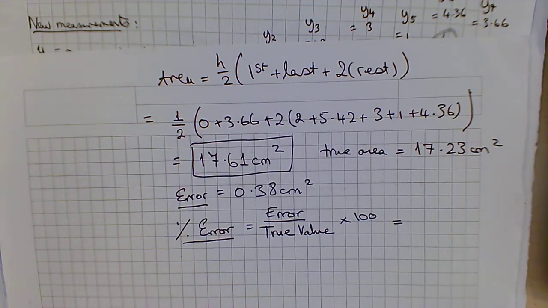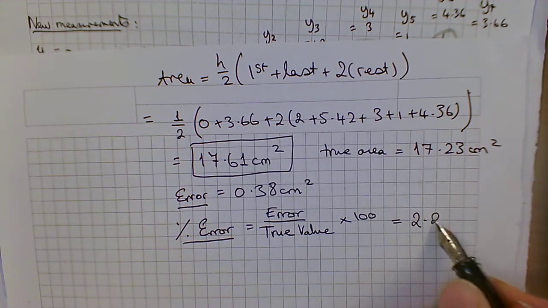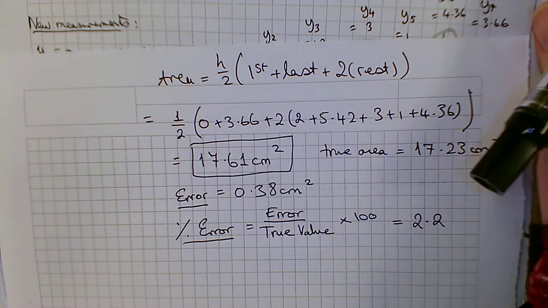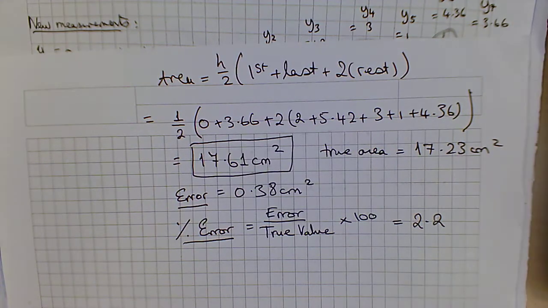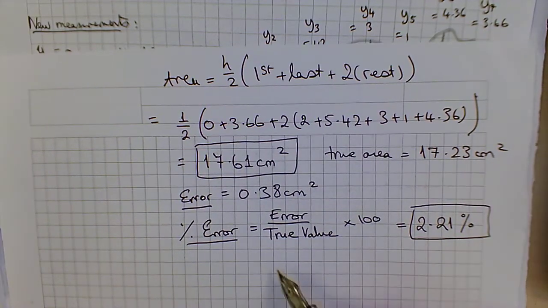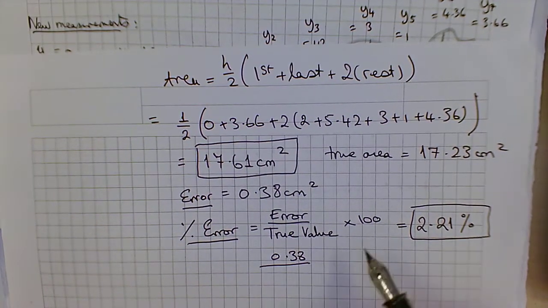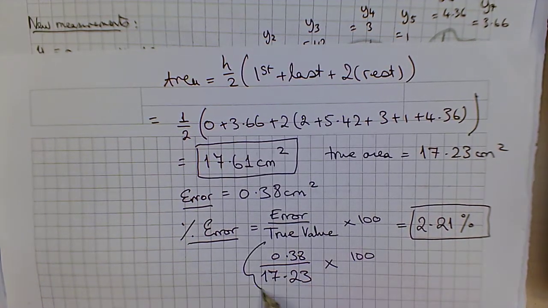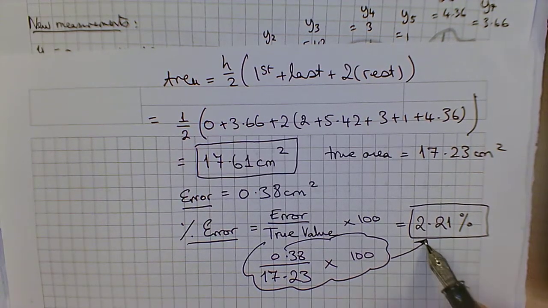So the percentage error that we get is 0.38 divided by 17.23 and multiplied by 100, and that is 2.2. How many decimal places did they ask for? They didn't say, so we'll go to 2 decimal places, 2.21% error, approximately. So this here, the error was 0.38, the true value was 17.23, and then we're multiplying by 100 to calculate our percentage error.